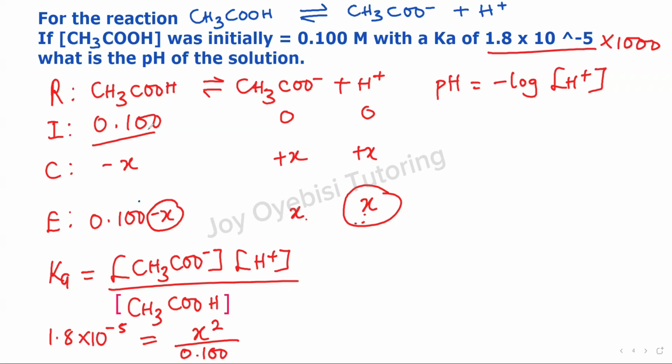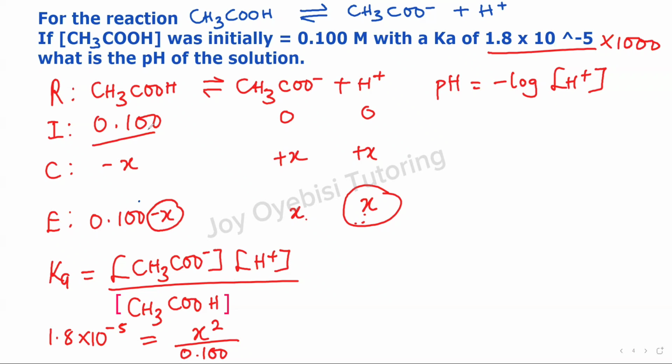So if we do 1.8 times 10 raised to the power of -5 and multiply that by 1,000, that gives us 0.018, which is still less than the initial concentration. Once that happens, it means the change is so very small that you can ignore it.